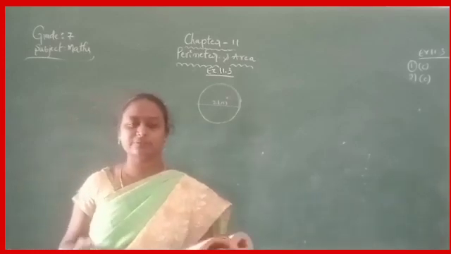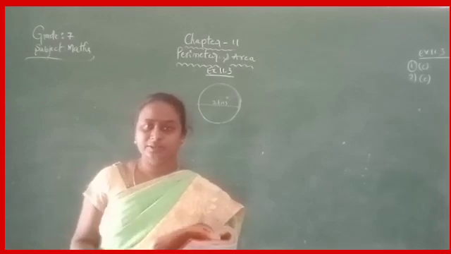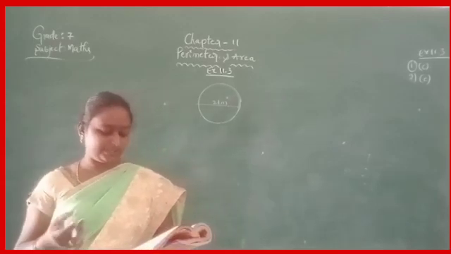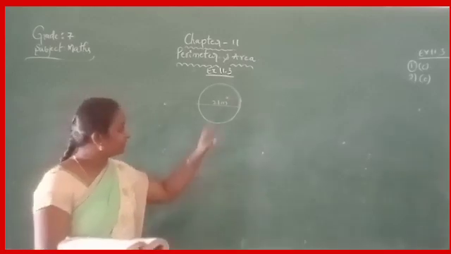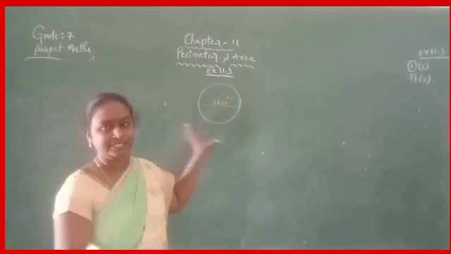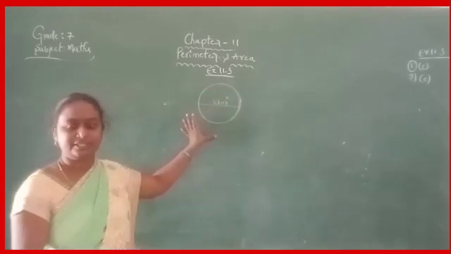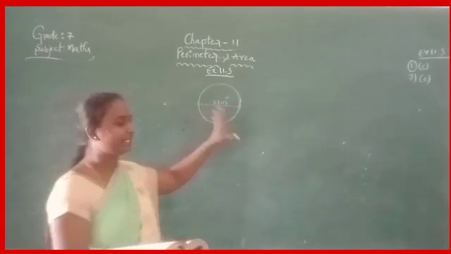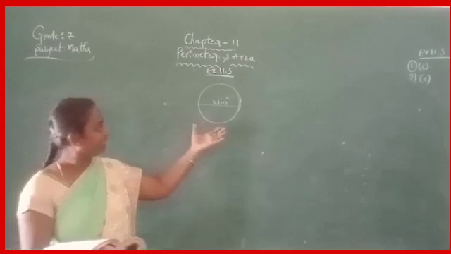Suppose the cost of rope per meter length is 4 rupees, like that. After finding the circumference of this circular garden, you will get some length.